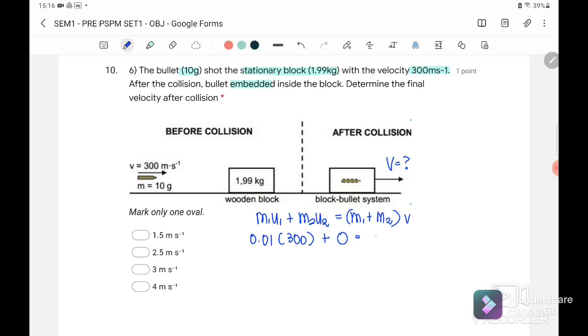After the collision, the bullet 0.01 plus the block 1.99 are moving with the same velocity. So we need to find the final velocity. Here is equal to 3, and 3 is equal to 2v, therefore v is equal to 3 over 2, which is 1.5 meters per second. So the answer is A.